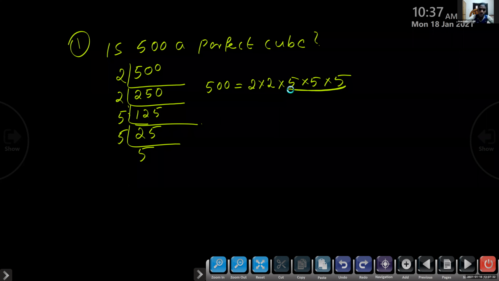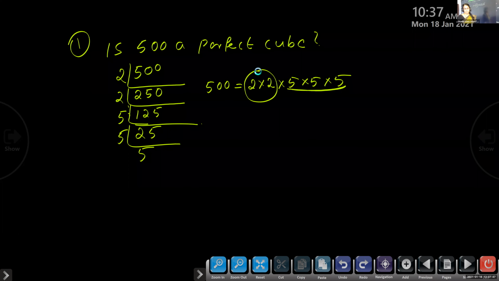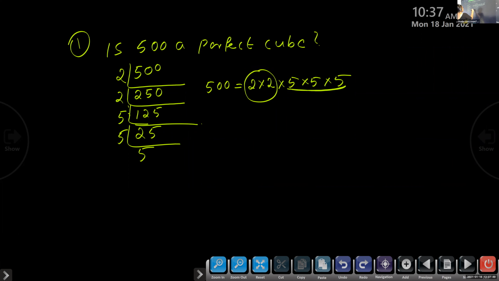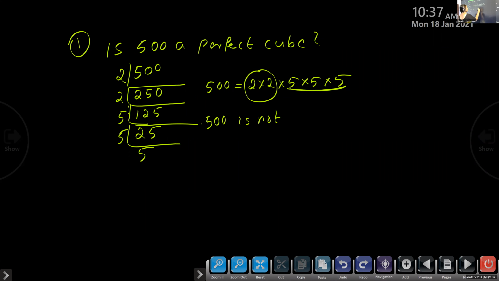How many 2's are there? We have only two 2's. We need one more 2. If one more 2 is there, we can group them into a group of 3. So this 500 is not a perfect cube.